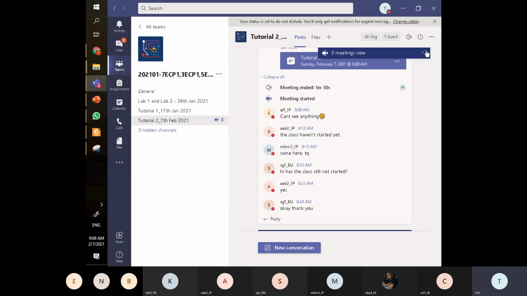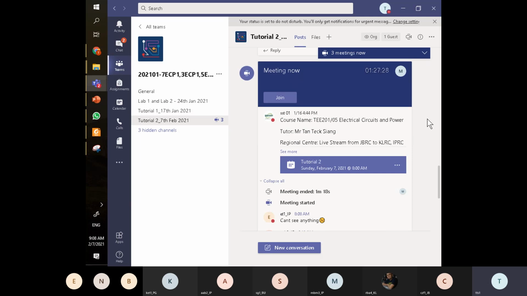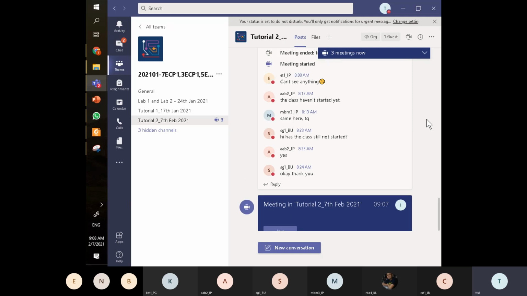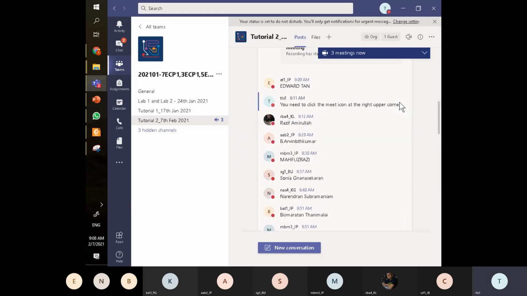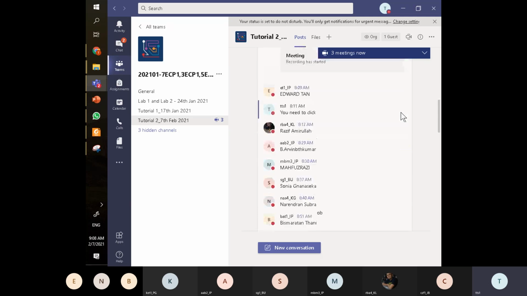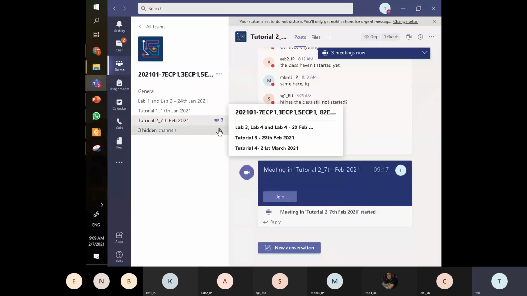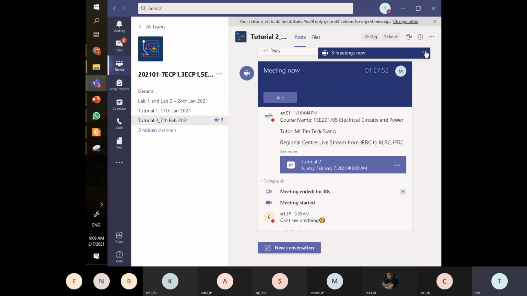Strange, that's why it's confusing. Sometimes they join the wrong class. How to overcome this problem? I think it's quite clear: tutorial 1, tutorial 2, tutorial 3. How come they split into three meetings?